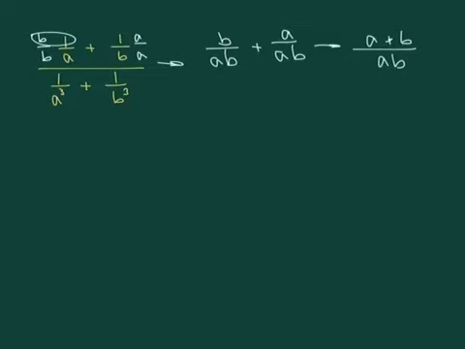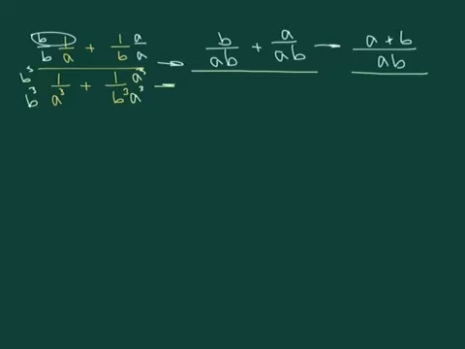Now let's look at the bottom. What am I missing? Well, I'm missing a B cubed over here, and I'm missing an A cubed over here. So again, we're just looking at the denominator, so let's draw a line here so that we're not getting confused.